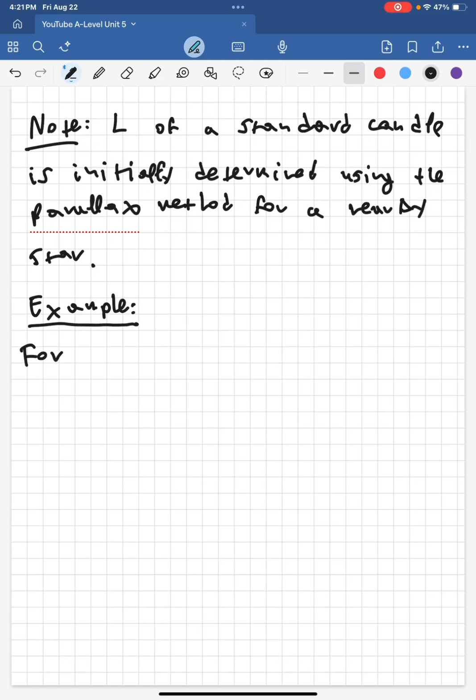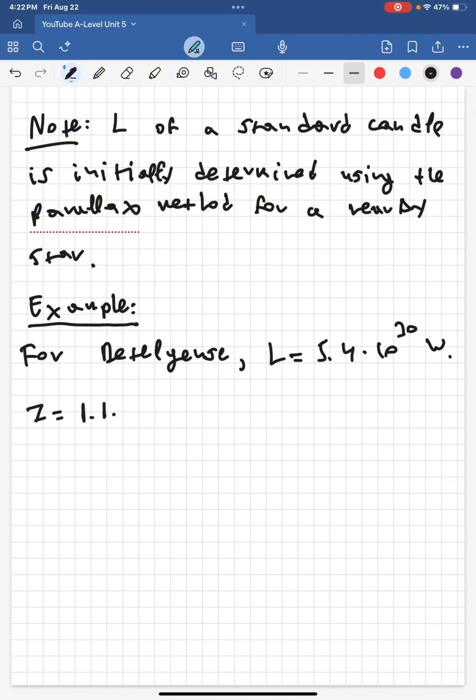For Betelgeuse, the luminosity is 5.4 times 10 to the 30 watts. Okay, the intensity of radiation is 1.1 times 10 to the minus 8 watts per square meter.